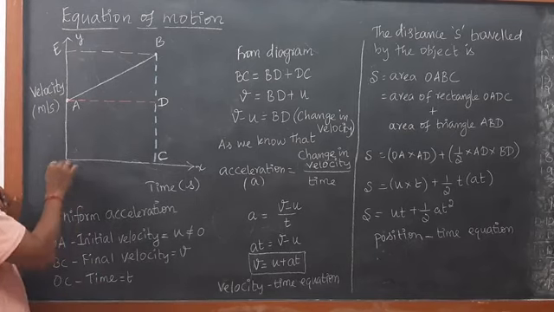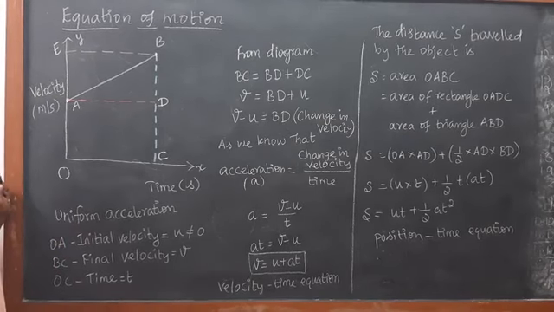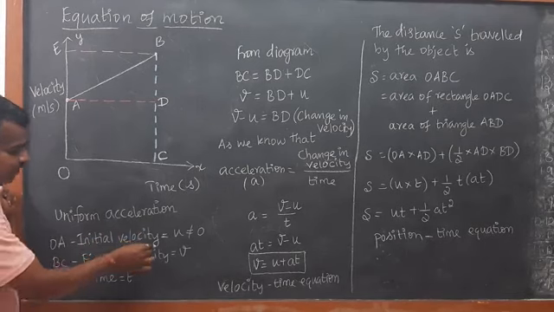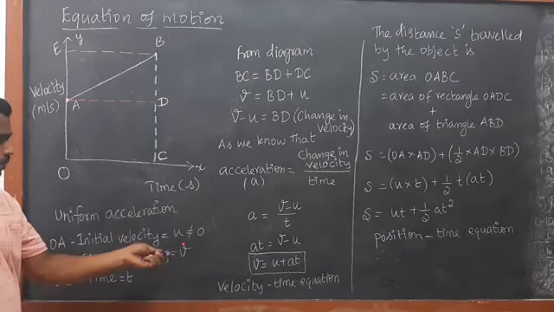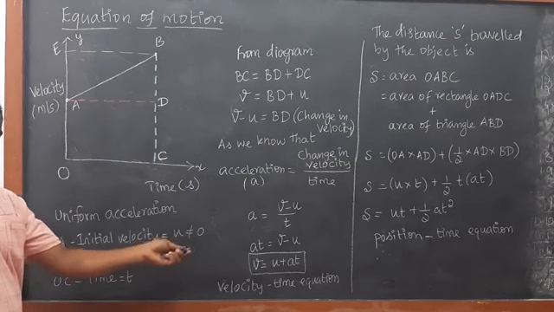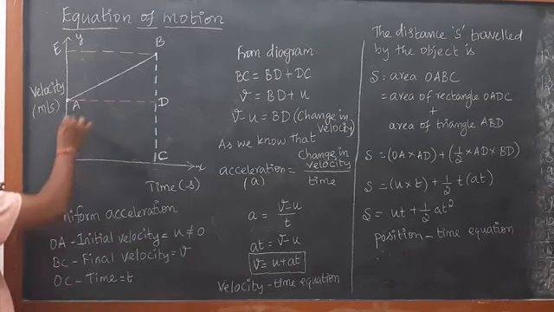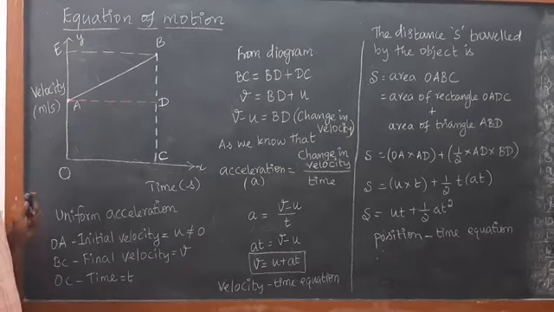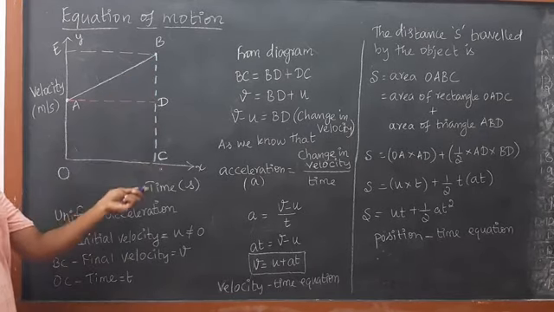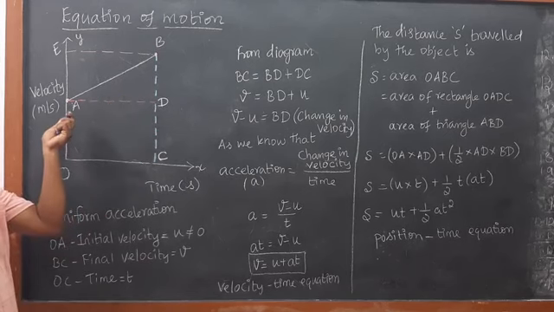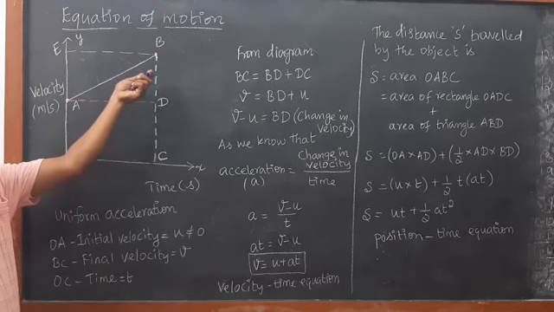This OA, yes, this OA is the initial velocity that we can write with the symbol U, that is not equal to 0, right? This OA is the initial velocity. And BC, what is BC? Initially the object is here, after some time it reaches here.